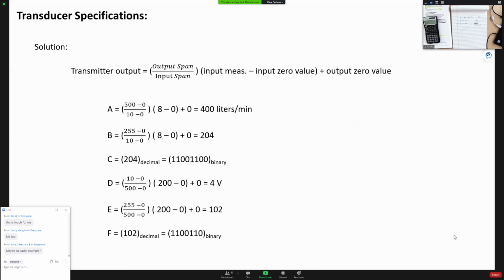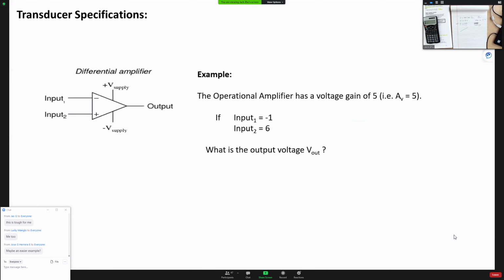Okay, we can do more examples. This one, I think you did the calculation for before, but yeah, we can do it.